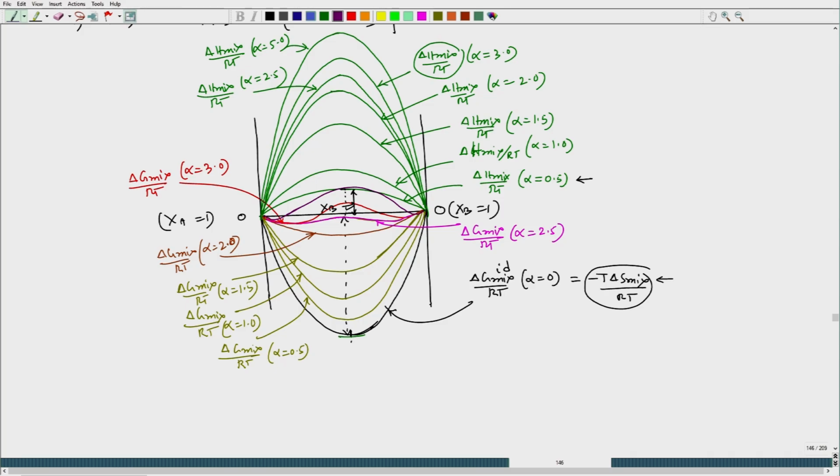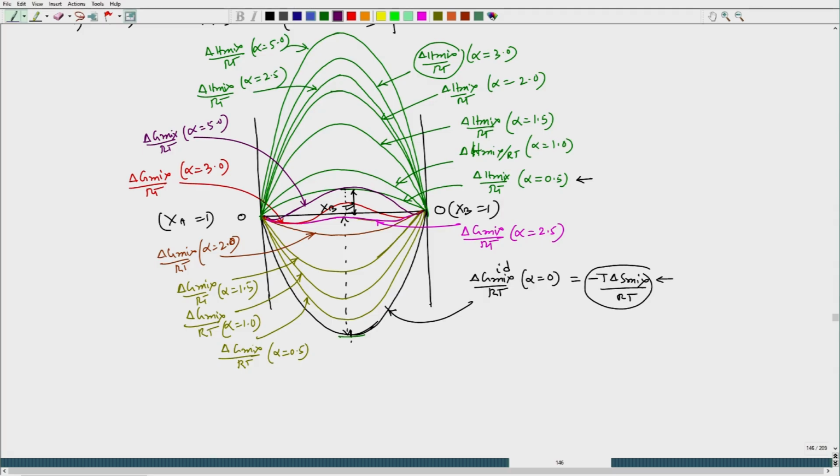So, this particular line is delta Gmix by RT when alpha equal to 5.0. Still there will be a small section on the two extreme sides, the pure metal sides A and B, where there will be a convex downward pattern of delta Gmix by RT with composition.